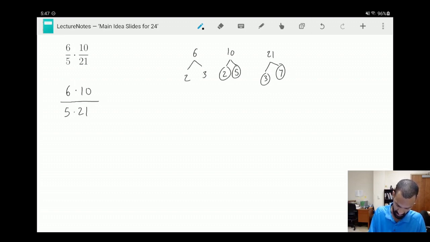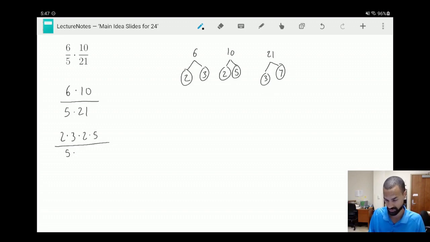That's 2 and 3. Now I can rewrite this as 2 times 3, that's 6, times 2 times 5, that's the 10, over 5, that was a prime number, so I couldn't break that down, times 21, which is 3 times 7. So I wrote the numerator and the denominator in terms of factors.